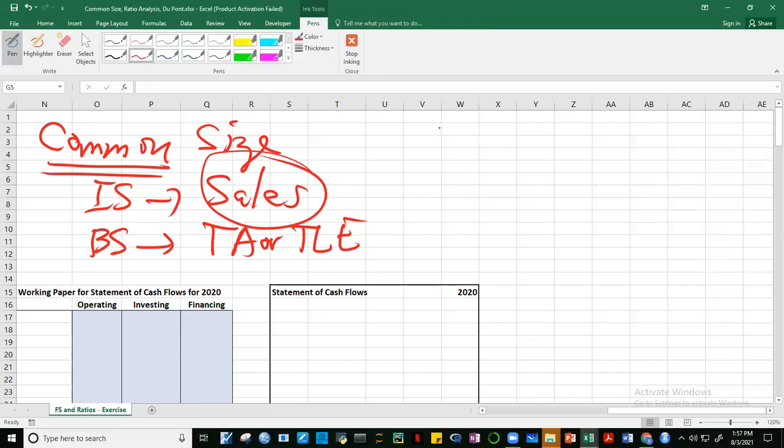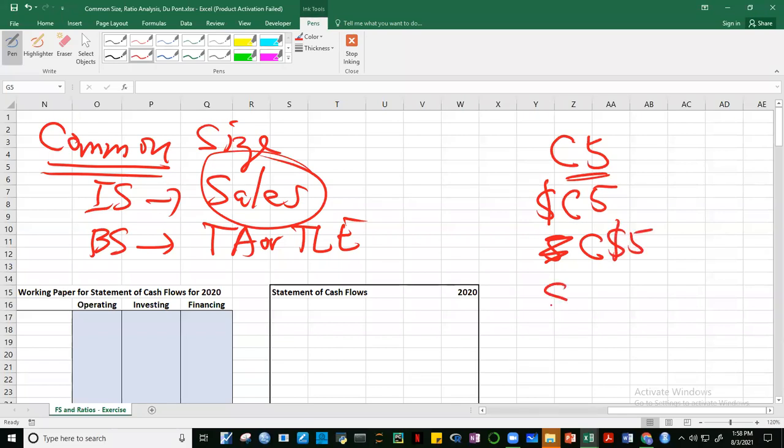All right. So review. Okay, let's take a look at the C5, no, the cell. Now we can change the referencing of C5 when we copy this formula by inserting dollar. $5 and then $C$5.